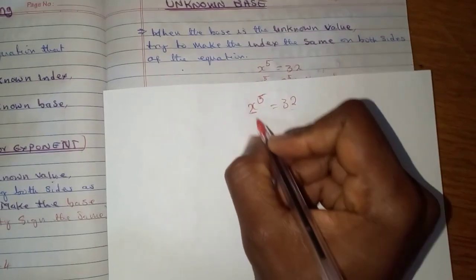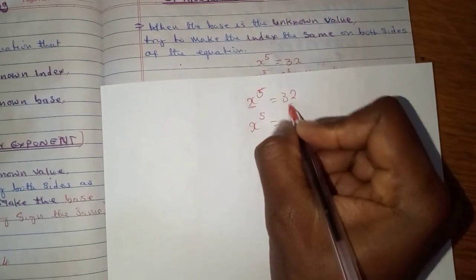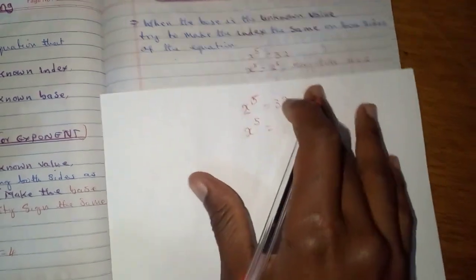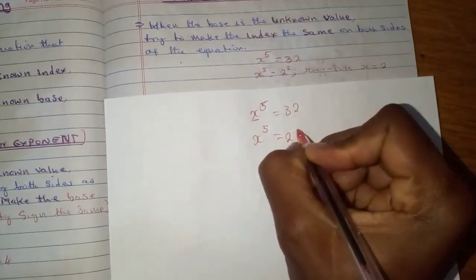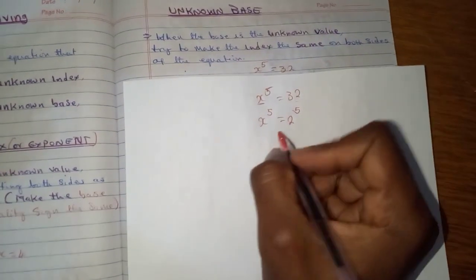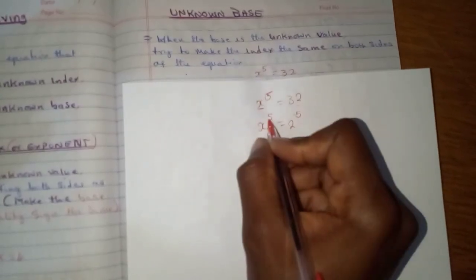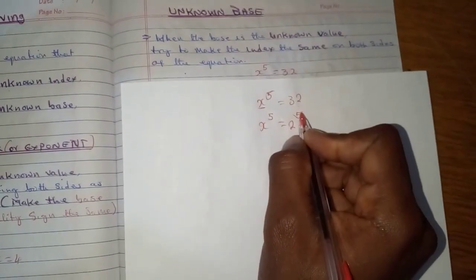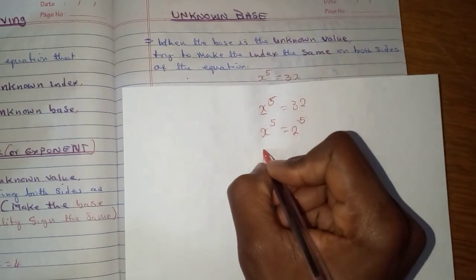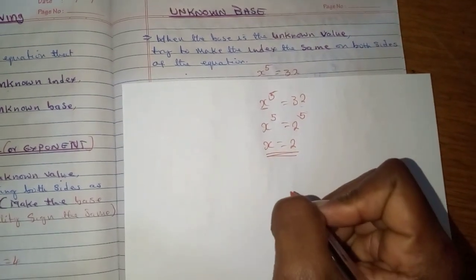So we are saying that x raised to power 5 is equal to, what will be the answer for this one? We are saying 2 raised to power 5. In other words, we have raised the index to be the same. So if the indices are the same, then my final answer now will just be x is equal to 2. Done. This is how you solve this question.